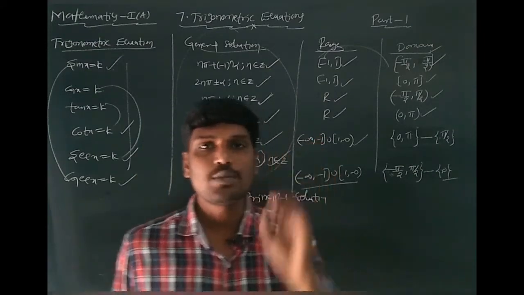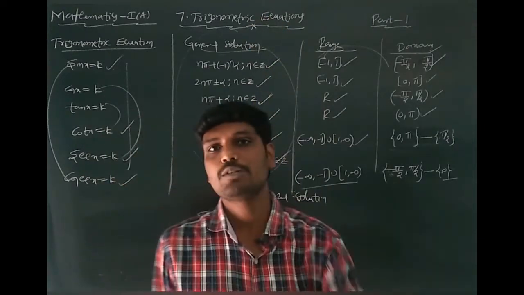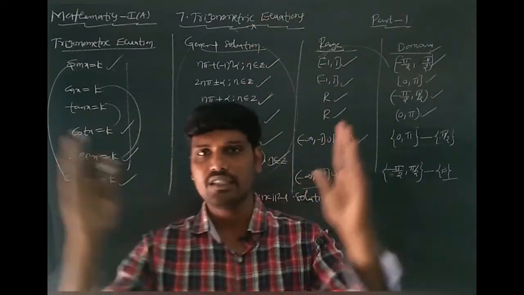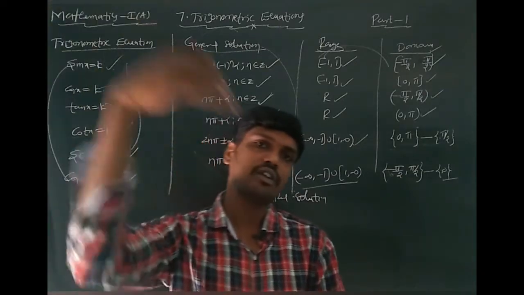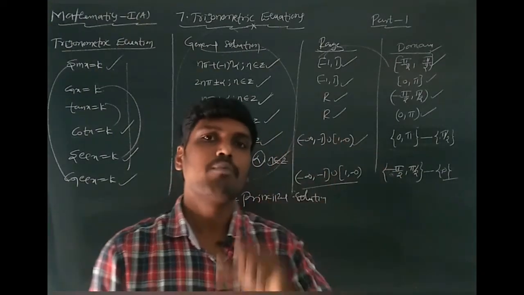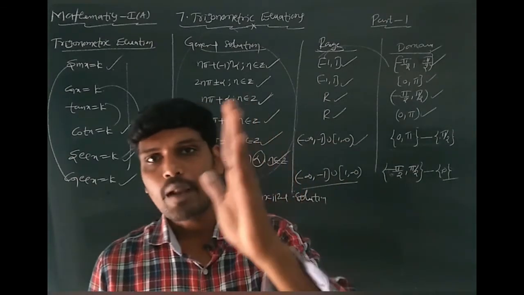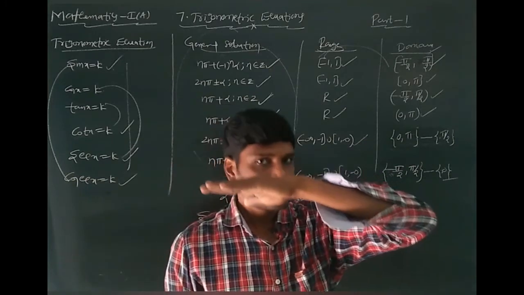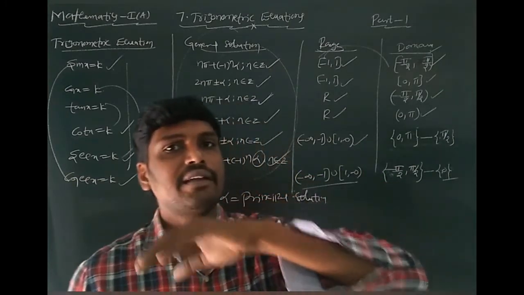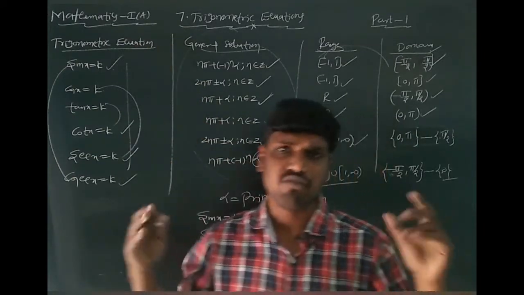For each general solution, first find the principal angle. After that we write the general solution formula and substitute the principal angle. Before going to a problem, first convert it to a trigonometric equation form, any one form.